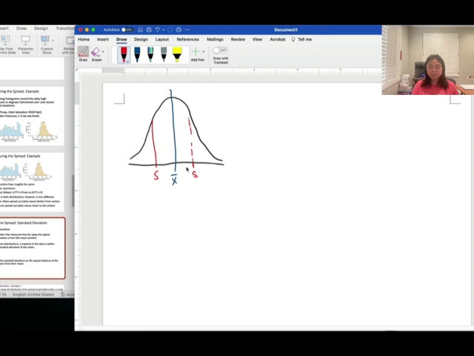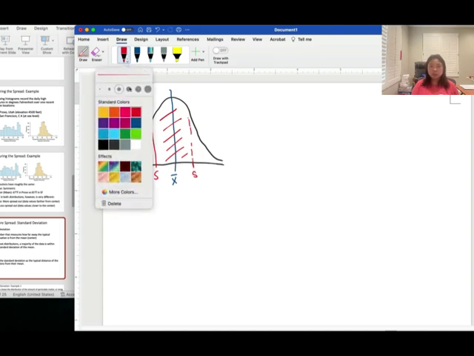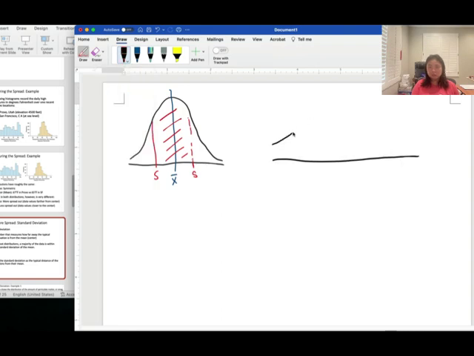1 standard deviation above the mean, and this is 1 standard deviation below the mean. So we could say most of the data will be within 1 standard deviation. The S represents the notation of the standard deviation. Now, let's say this time my data is more spread out like this, and here is my mean again.